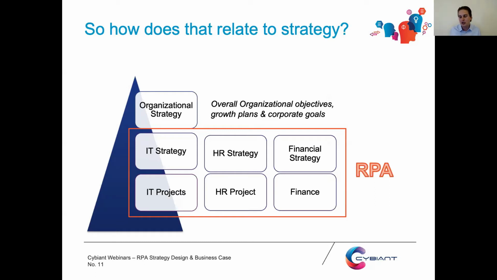And this is frequently where I've seen it go wrong in some of the projects that we've been in. RPA frequently starts either as an HR project or as an IT project, but you should take into account that RPA is cross-functional, because the whole concept of automation is not so much an IT exercise or a finance exercise.